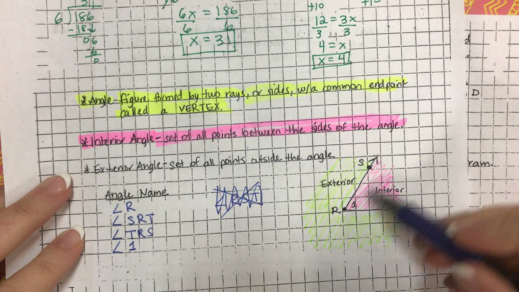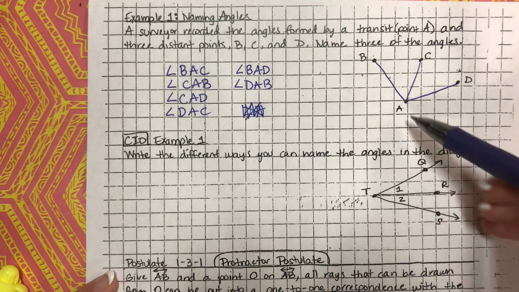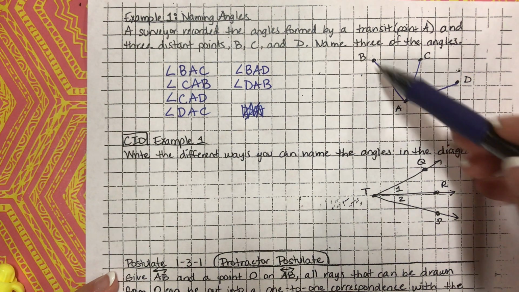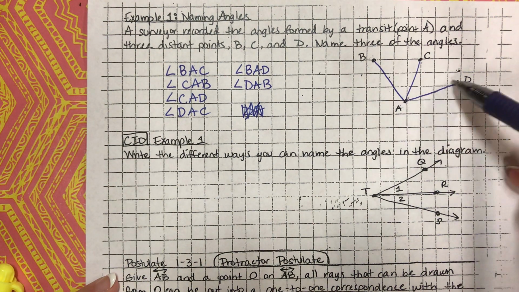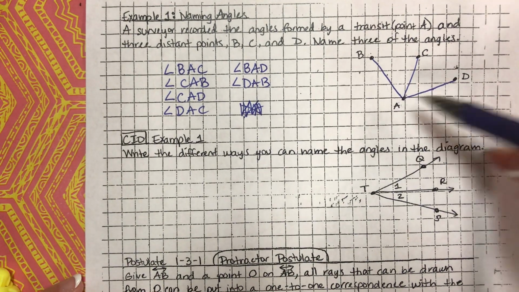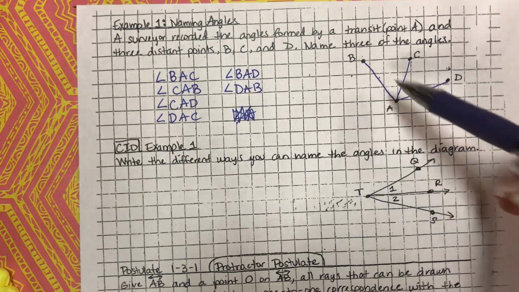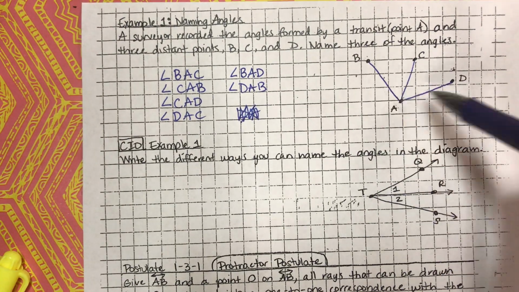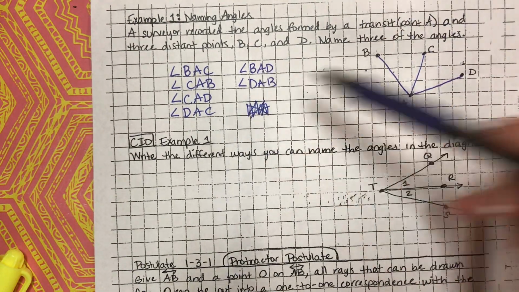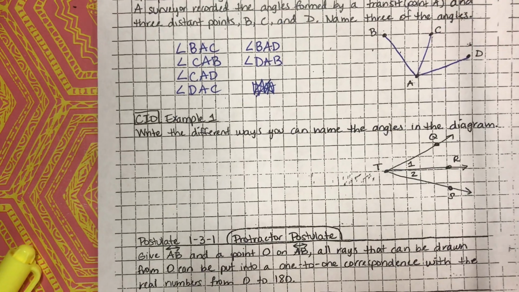Because there's only one angle there. So if I say angle R, you know exactly what I'm talking about. Over here, if I say angle A, somebody could think I'm talking about this small angle, somebody could think I'm talking about this other small angle, and a third person could think I'm talking about the big angle. So it's not specific enough since there's so many angles. So when you have a lot of different angles going on, you have to use this particular format for identifying the angles. Okay?